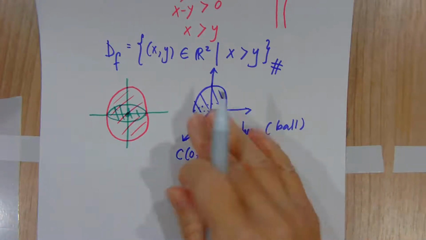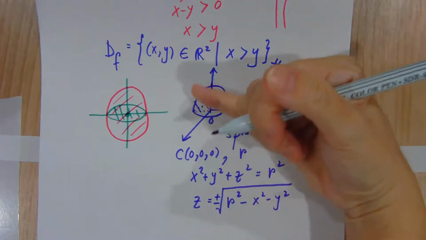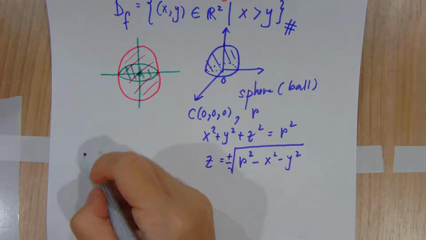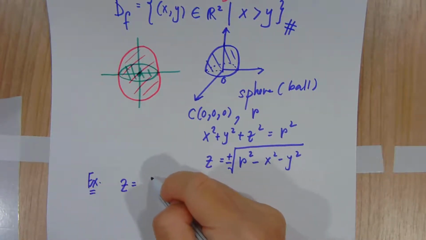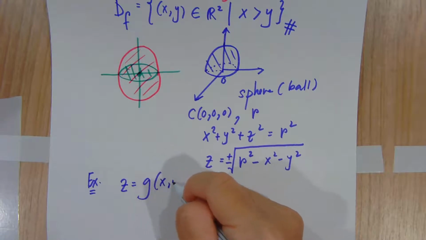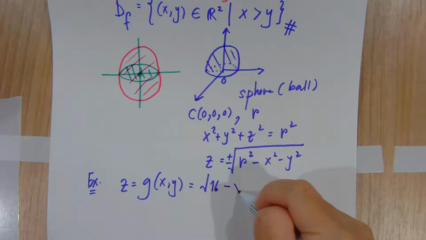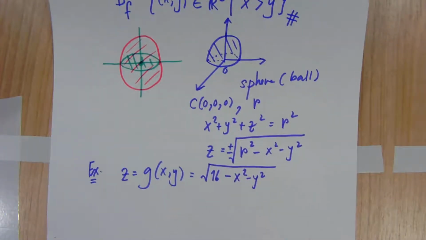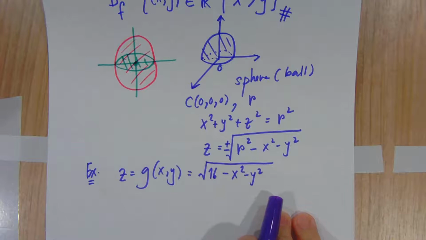So the z can be, if we just talk about only the upper half sphere, for examples, z is the function g, which equals the square root of 16 minus x squared minus y squared. And we would like you to find the domain and the range of this sphere.